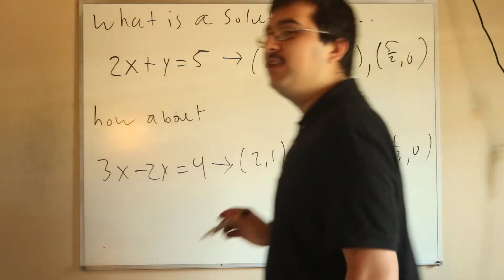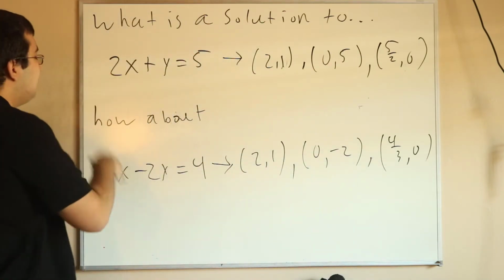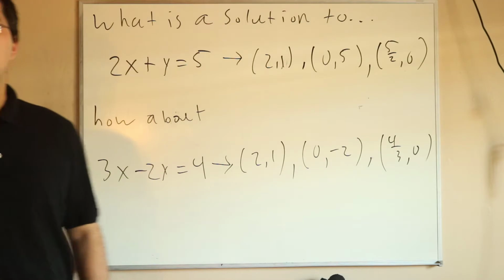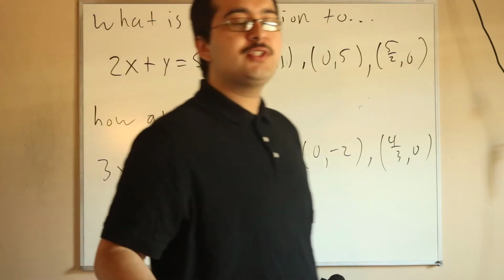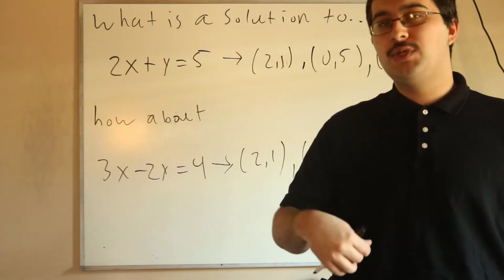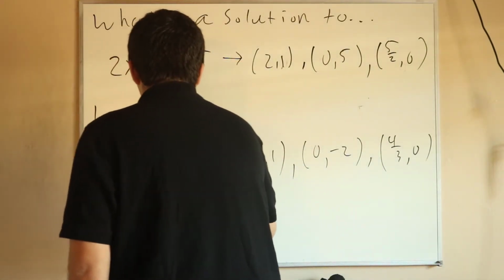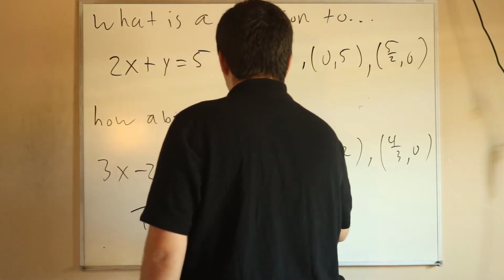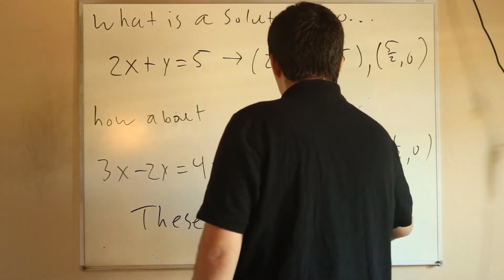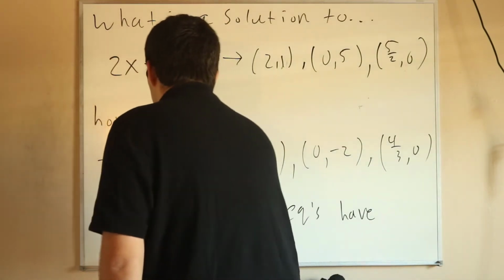Again, all these points are solutions to this equation. So when we're looking at these individual equations of lines, we can understand that graphically they're going to have infinitely many solutions. Alright? So these single equations have infinitely many solutions.